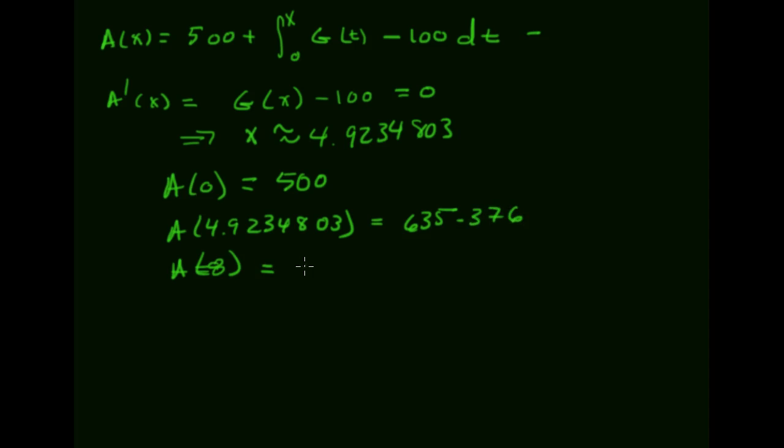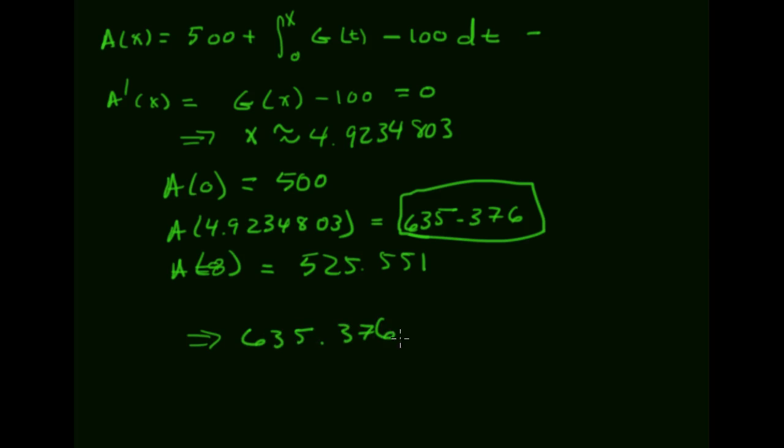And at time 8, you throw the 8 in here, and you're going to get back 525.551. That means this is the maximum. So the maximum amount of unprocessed gravel is going to be 635.376 tons.